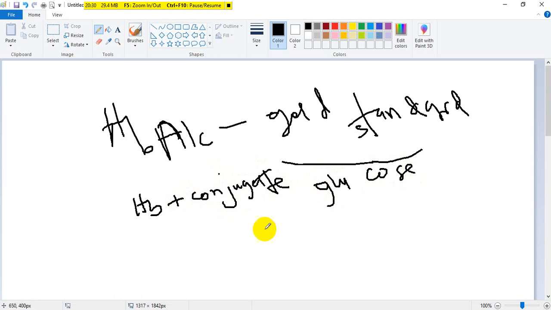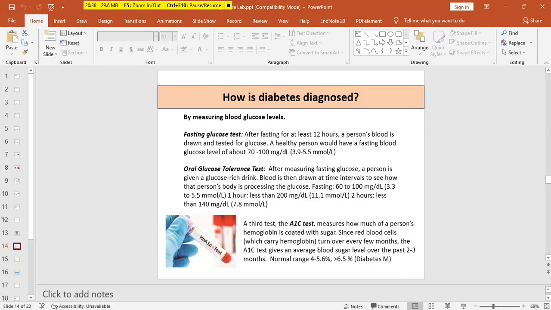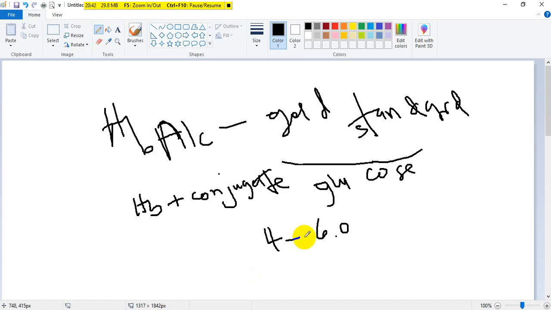So that's the best test, and the reference range is between 4 to 5.6. That's the reference range for glycated hemoglobin testing.